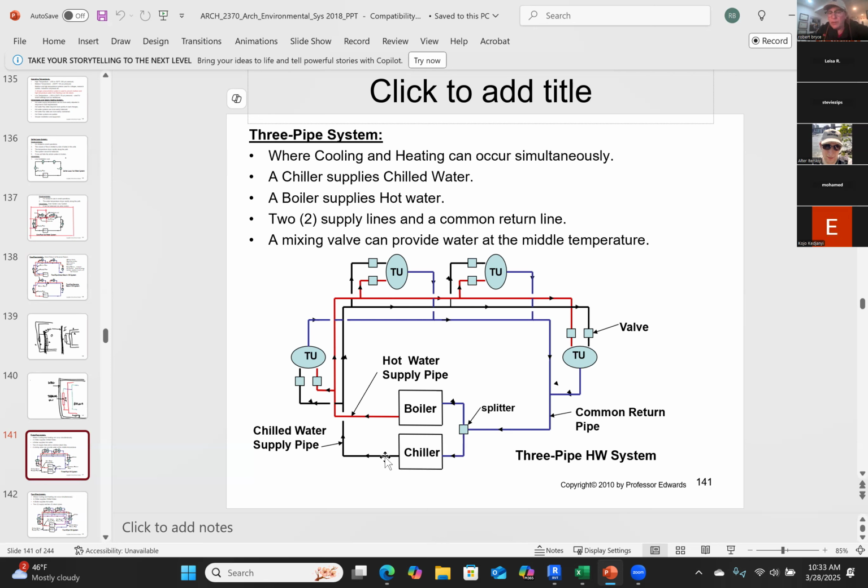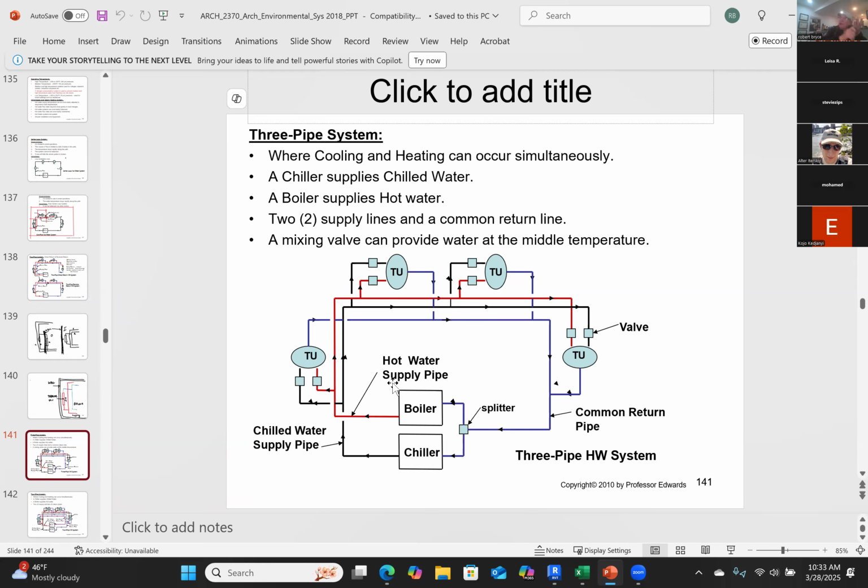So a three-pipe system has what? It has one supply for chilled, one supply for hot, and then we have a return pipe that the water is sent back to the heating or cooling or chilling source. One return, two supplies.